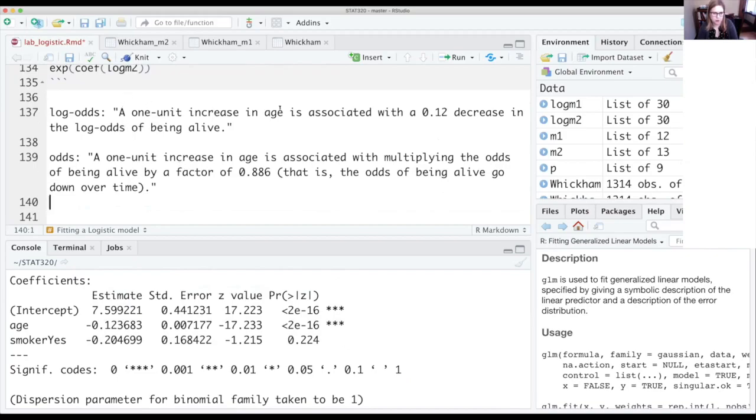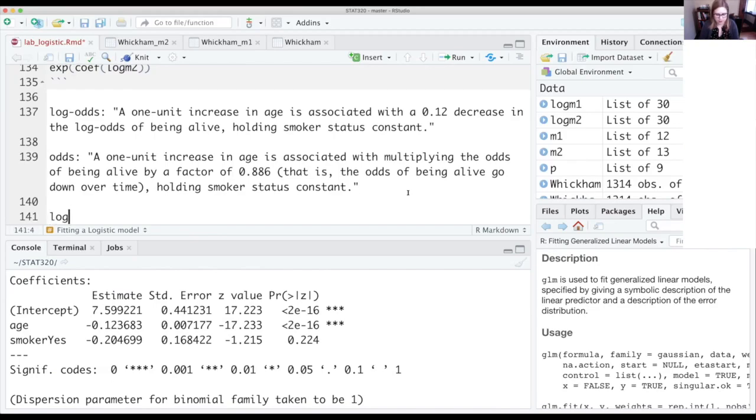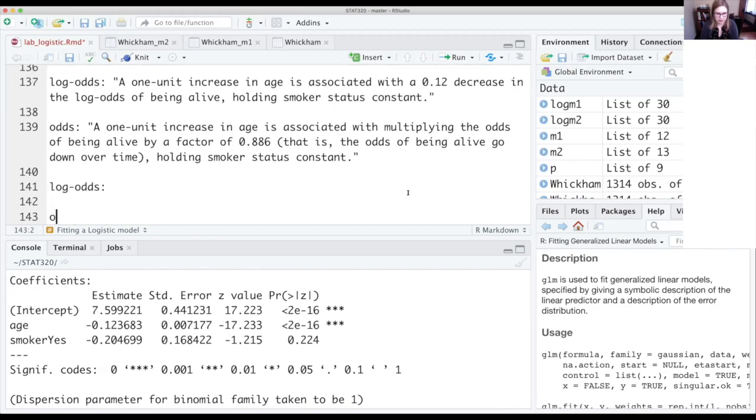So a 1 unit increase in age is associated with it's still a 0.12 decrease in the log odds of being alive, but now I have to put in holding smoker status constant. And then same thing here, a 1 unit increase in age, and then I'll just stick on here, holding smoker status constant.